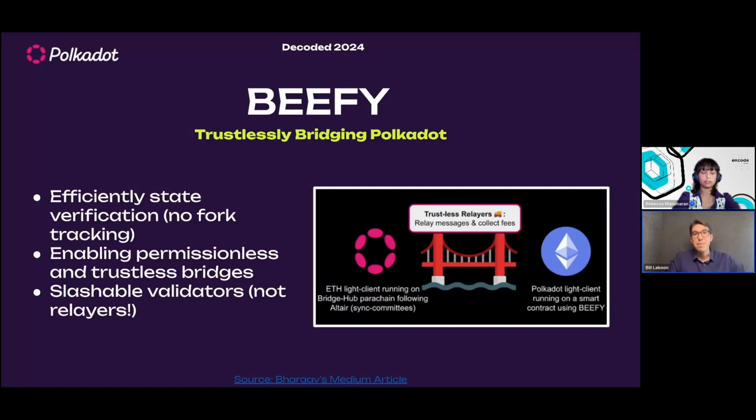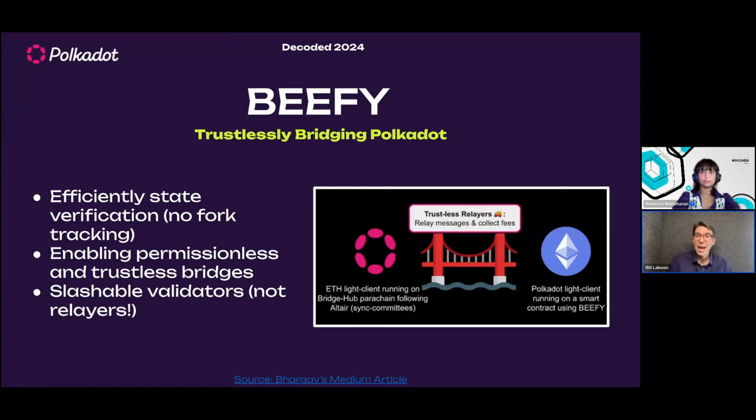So first, Beefy. So Beefy is an additional protocol that's being run on Polkadot that allows for very efficient state verification. So this may seem like a little bit nerdy, but essentially what this means is that we can have efficient, permissionless, trustless bridges between not just chains on Polkadot, between parachains on Polkadot, but also with external chains.